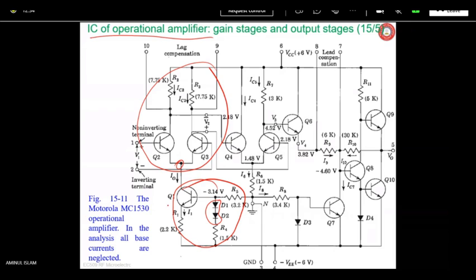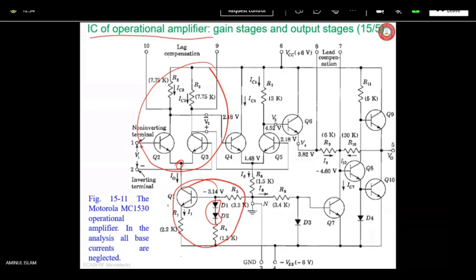So IO, the collector current, is almost equal to emitter current I1, which can be obtained as 0.99 milliampere. Putting the values here, VEE plus VBN1 minus 0.7 volt, the difference being VBE of this BJT, we get 0.99 milliampere.